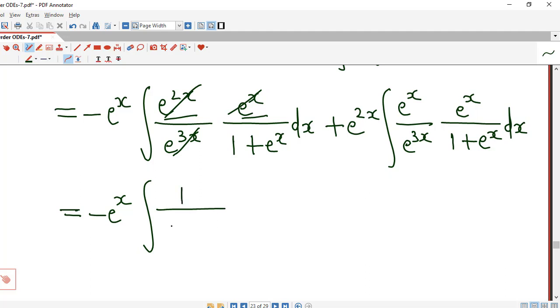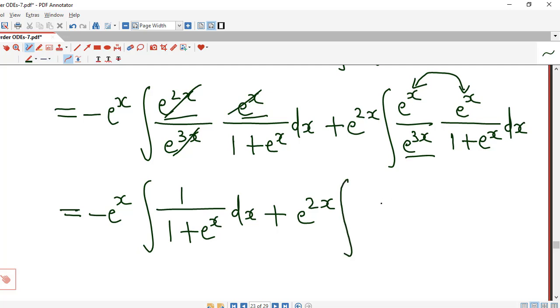So we have 1 over 1 plus e raised to x dx plus, for the second term, e raised to x into e raised to x, that is e raised to 2x, divided by e raised to 3x.